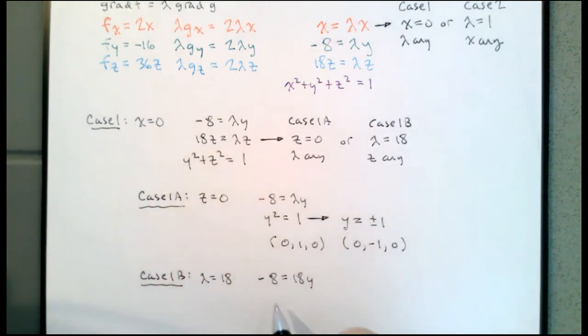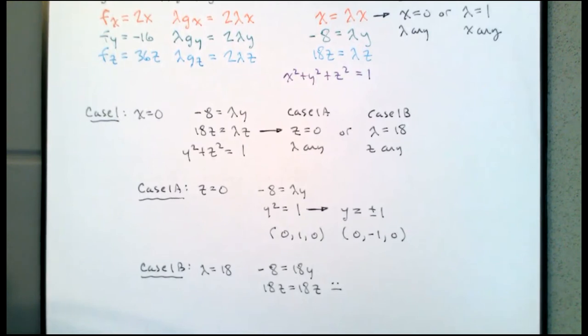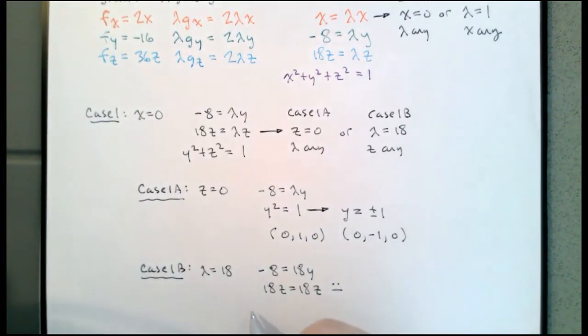The second equation just tells us that 18z is equal to 18z. And so we're like, oh, wow, thanks for the big revelation there. And then the third equation says y squared plus z squared is equal to 1. I'm replacing lambda.